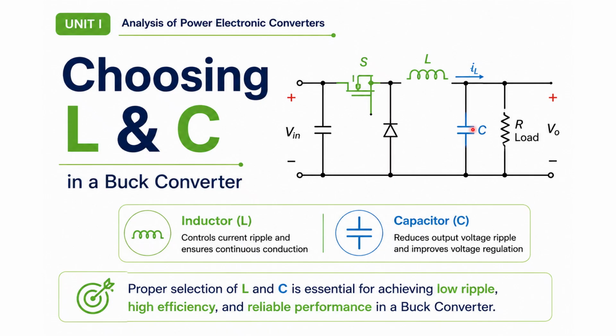Whenever the load current suddenly increases or decreases, the capacitor immediately absorbs or supplies current, therefore reducing the voltage ripple. So the inductor controls the current ripple and the capacitor controls the voltage ripple.